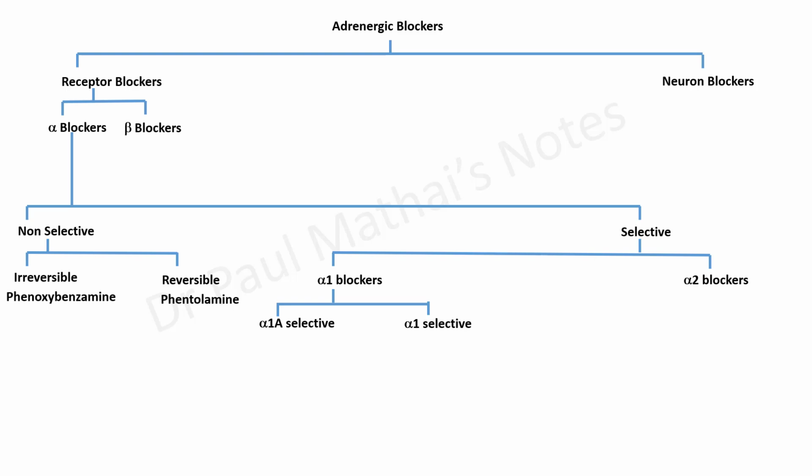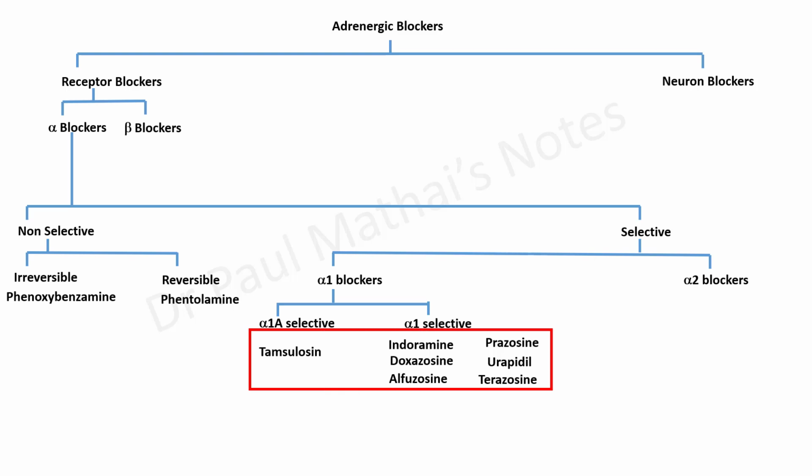The example for alpha 1A selective blockers include tamsulosin, while the examples for alpha 1 selective include indoramin, doxazosin, alfuzosin, prazosin, and urapidil, of which prazosin is the prototypical drug. Alpha 2 blockers include yohimbine, idazoxan, and mianserin, and neuron blockers include these, which will be dealt with in a different video.